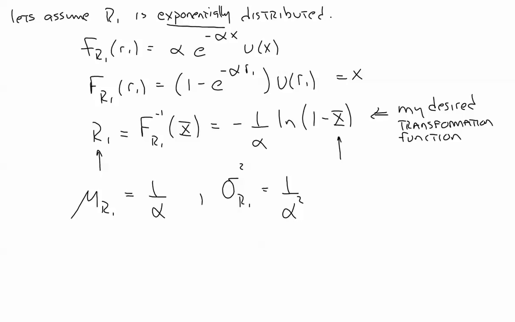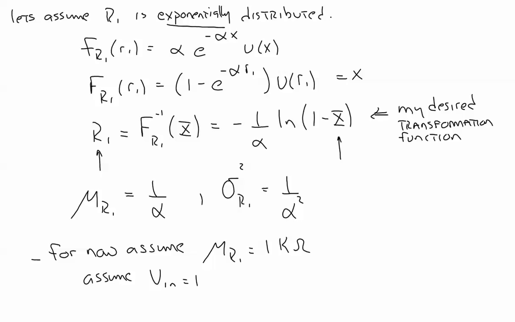I am going to assume for this problem that the mean value for R1 is 1 kilo ohm, and that V sub I equals 12 volts DC, and that R2 is a fixed value of 1 kilo ohm.